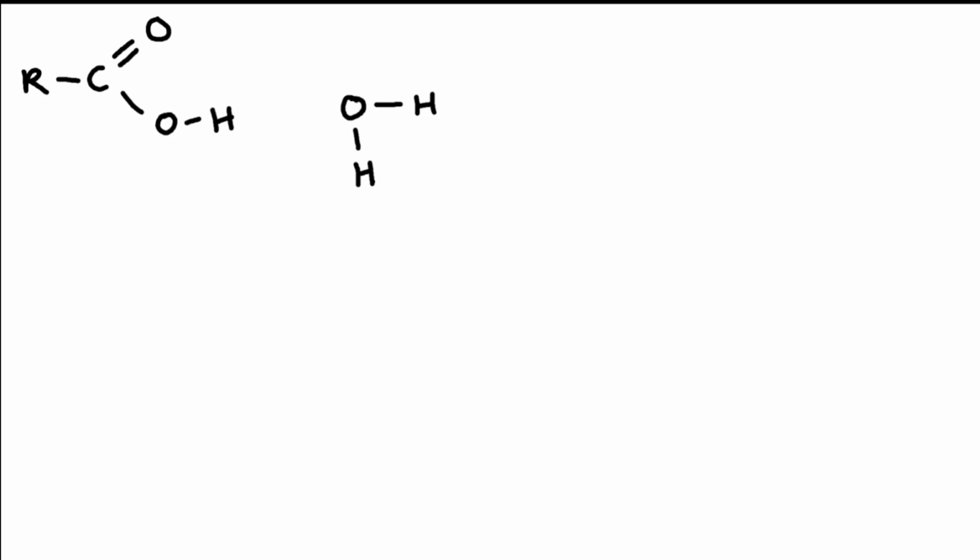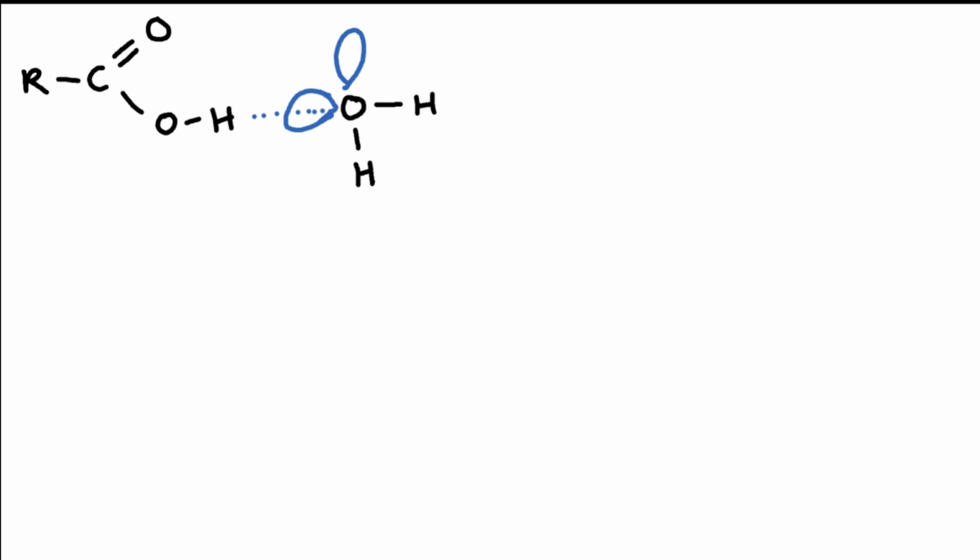Now we're going to look at carboxylic acid solubility in water. You can see I drew here a water molecule and a carboxylic acid. Obviously there's going to be a hydrogen bond. You guys knew that? Okay, that's good. There's a hydrogen bond between the hydrogen and the oxygen.